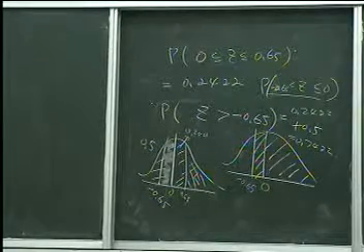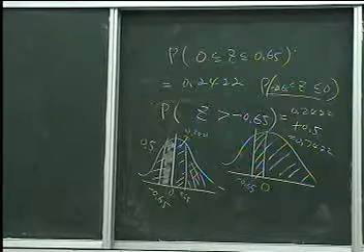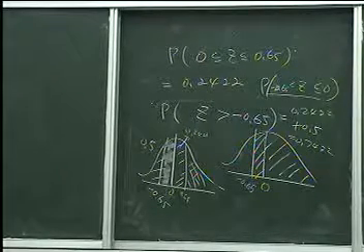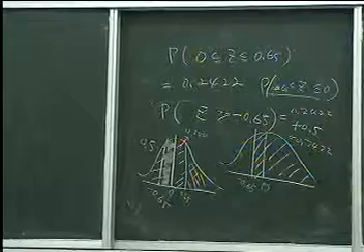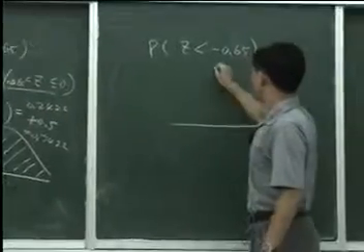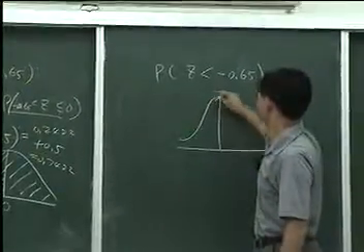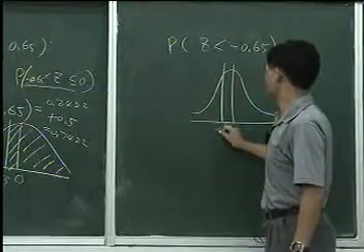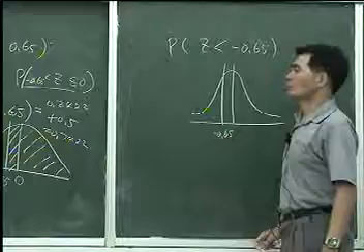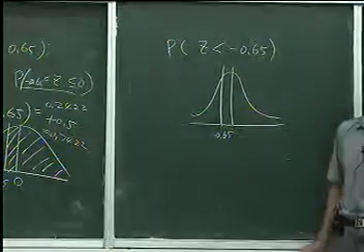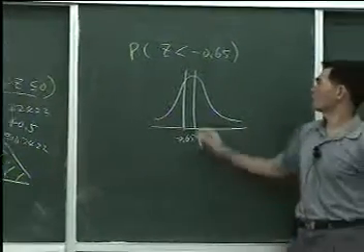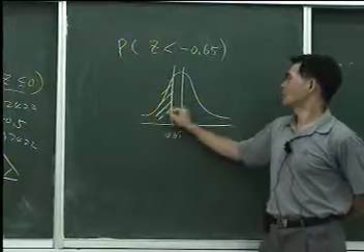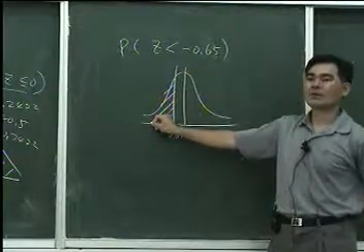And the same thing. If you want to know P of Z less than negative 0.65, what should it be? In this case, this is negative 0.65, right? Which area are we interested in? We are interested in this area, right? Then the same thing.